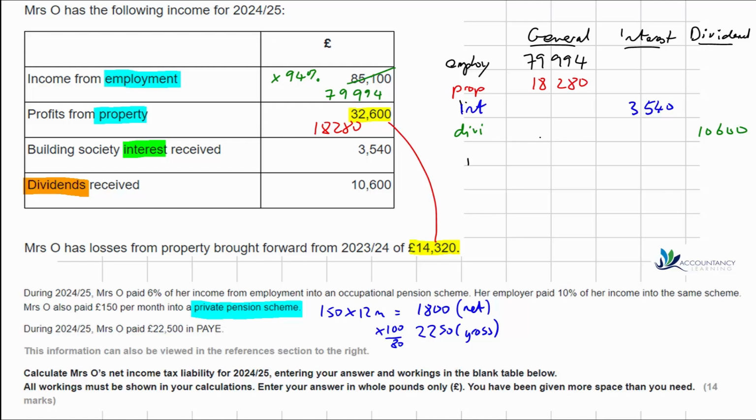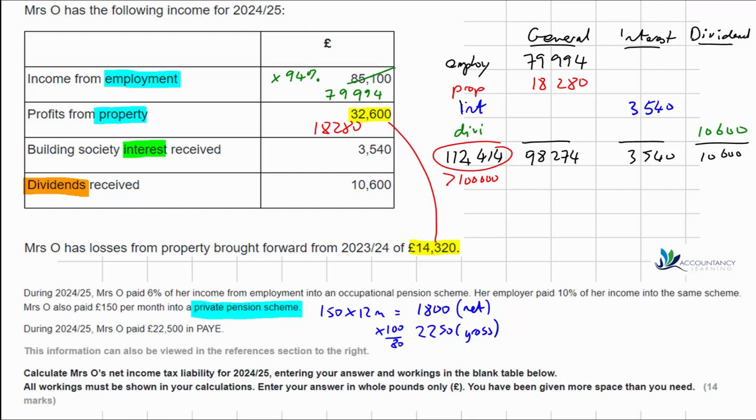Okay. So once we've identified all of these, we can then see what is our total income. So we can see we have total income for those three columns, and the total overall is 112,414. Now, what's the significance of that? That's greater than the 100,000, so that means that our personal allowance is going to be affected.